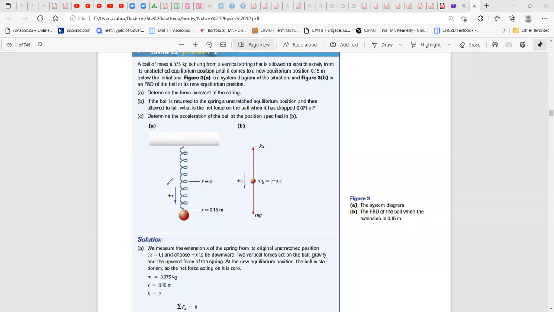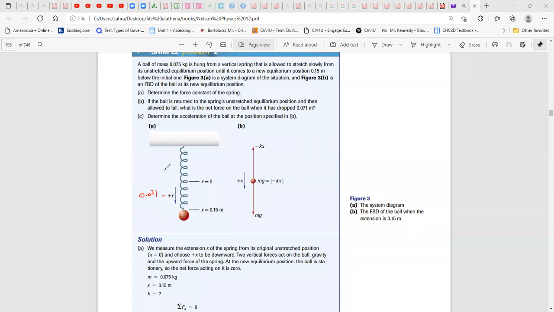So actually it moves. Then the ball position, let's say, is here, 0.075 from the equilibrium. I want to see what the net force is here. Of course, we'll have some acceleration here. There will be a net force, so it's not going to be zero.